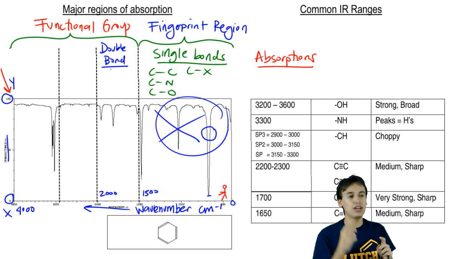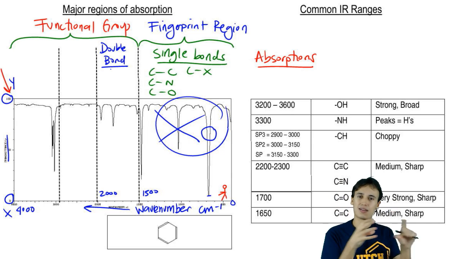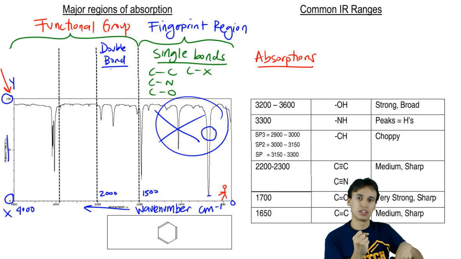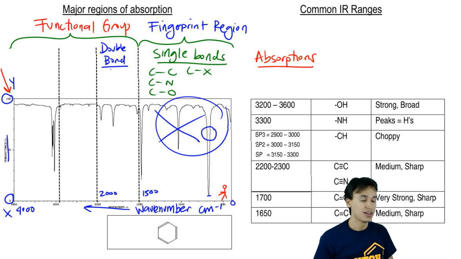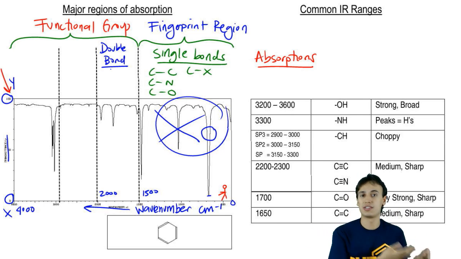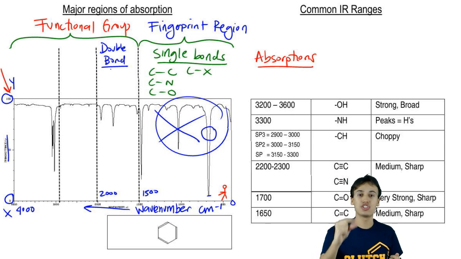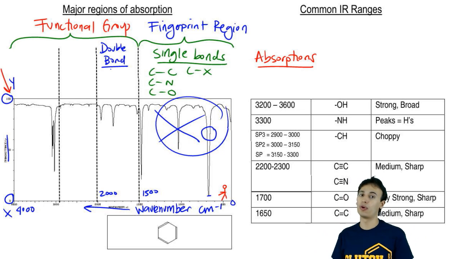And when you have a loose spring that's not that strong, it's going to vibrate a little more slowly, okay? Well, double bonds are stronger than single bonds. So I would imagine that it's going to vibrate at a faster frequency than a single bond would. And that's why it's going to result at a higher wave number.